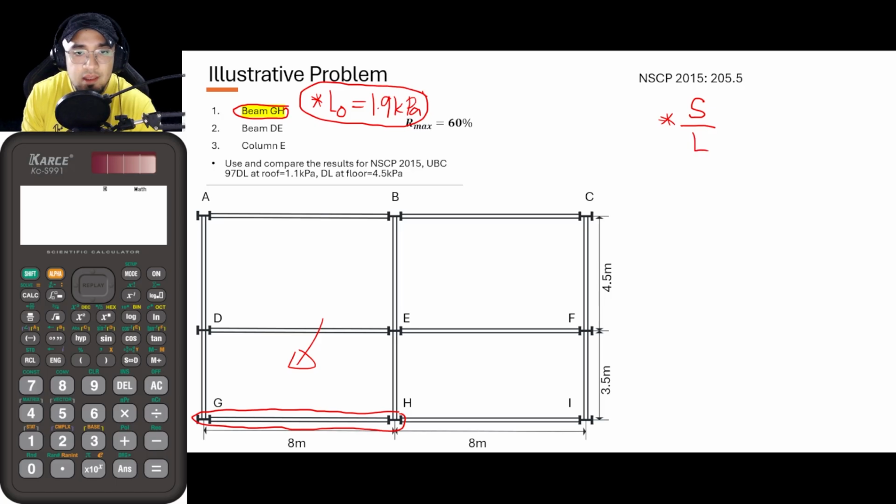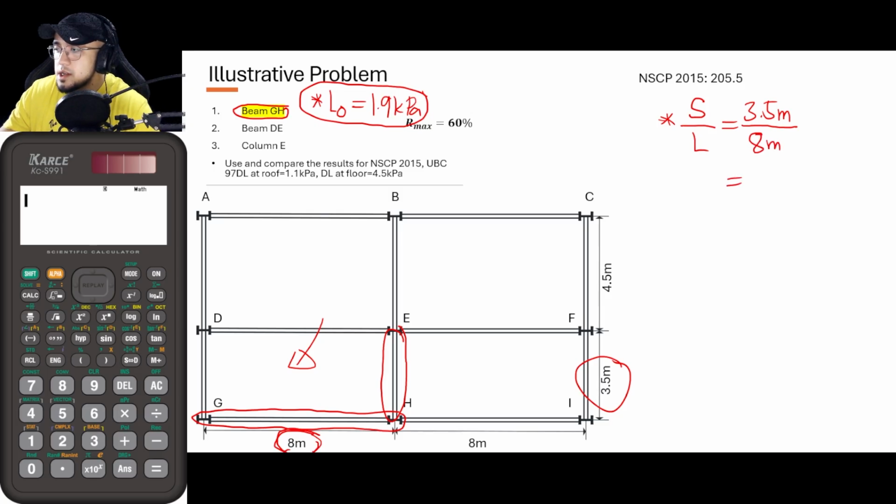As you can see, the short span here measures 3.5 meters. We would be dividing this by the long span, which is 8 meters. Let us solve for that ratio.